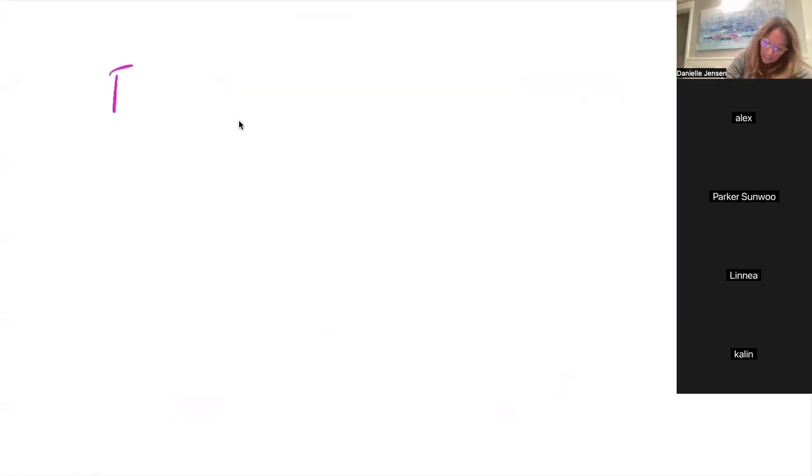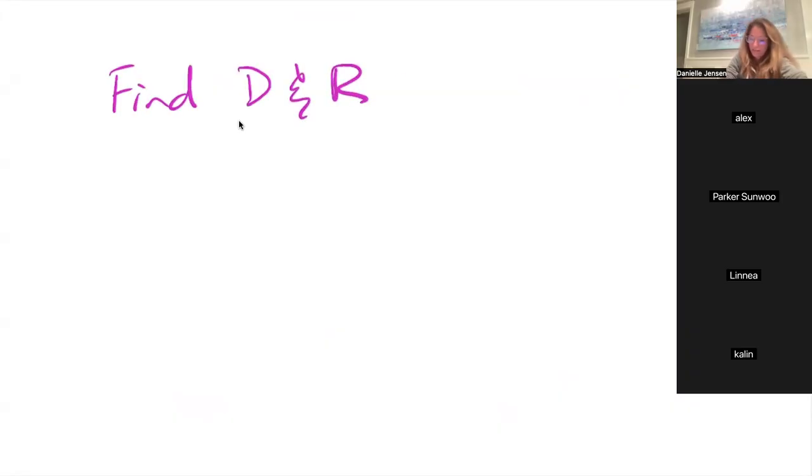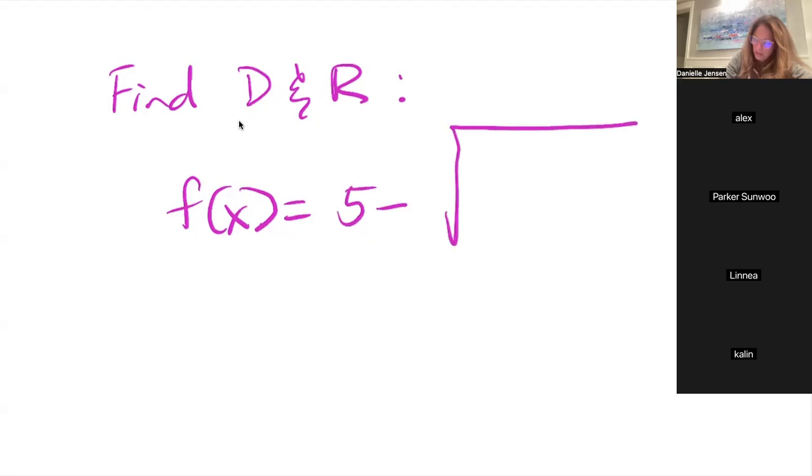Okay, so find domain and range. Okay, let me try this instead. So f of x equals 5 minus the square root of... Oh, no, actually.